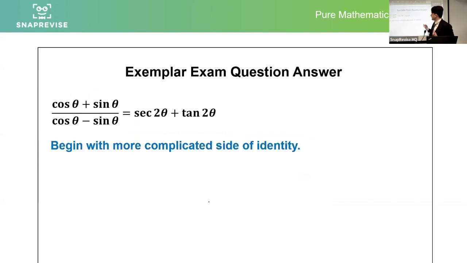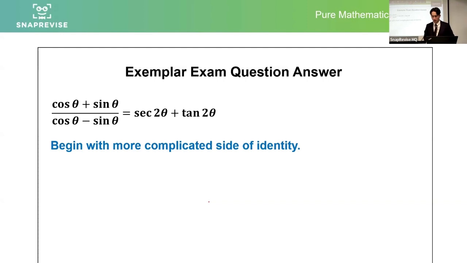Right, so going through, let's start with the more complicated side of the identity. What I would actually suggest is to look at the side where there's more that can be done. The left doesn't look very useful. On the right, at least we have double angle and things we can replace.